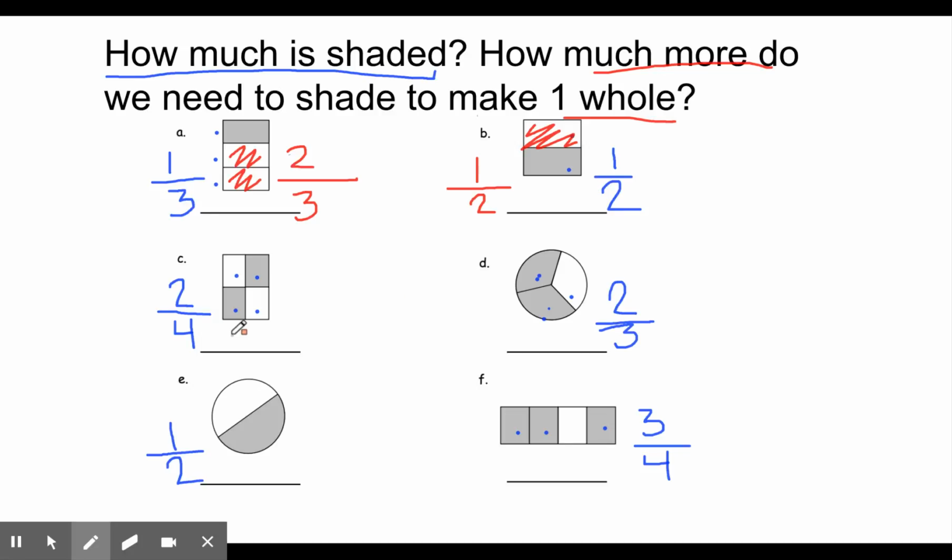Let's look at C. 1, 2, 2, and it's still divided into 4 fourths. 2 fourths plus 2 fourths equals 1 whole.